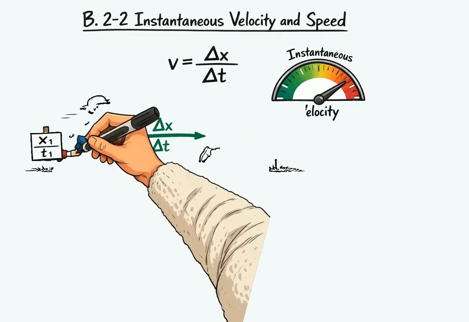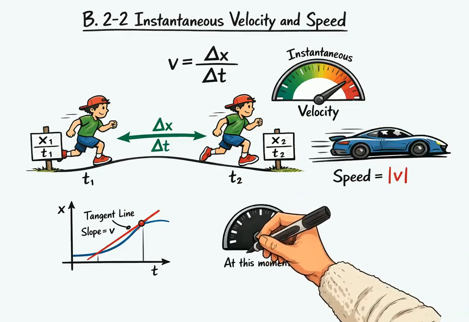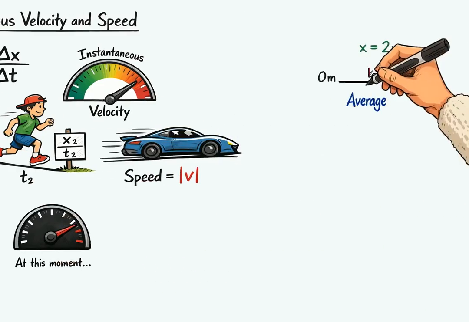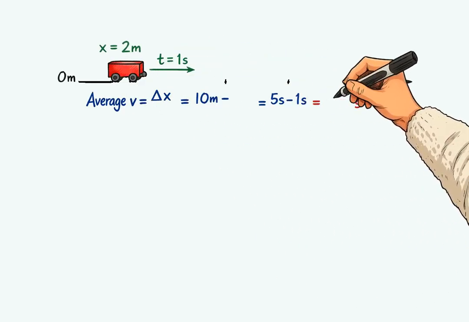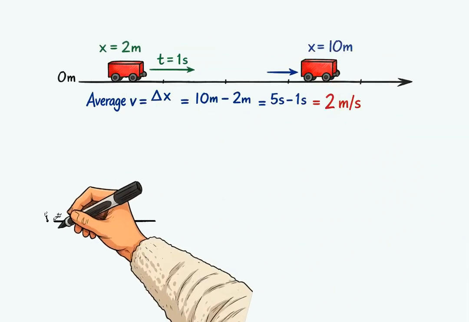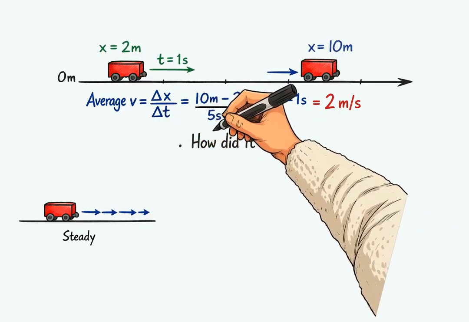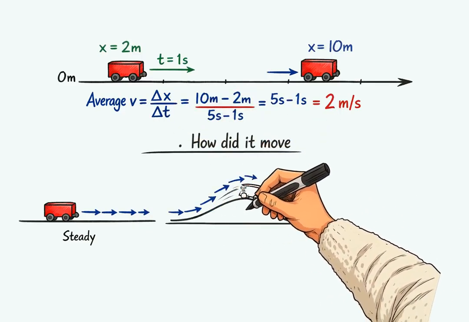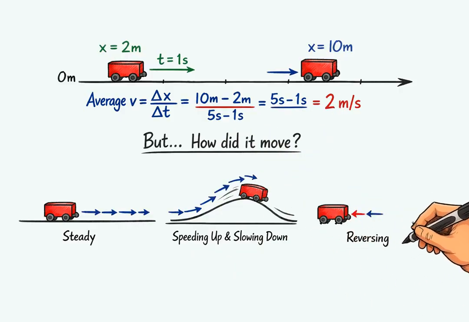Instantaneous velocity and speed. Velocity often starts as an average because averages are what you can compute from two measurements. If a cart is at x equals 2 meters at t equals 1 second, and later at x equals 10 meters at t equals 5 seconds, then over that interval its average velocity is delta x over delta t equals 10 minus 2 over 5 minus 1 equals 2 meters per second.